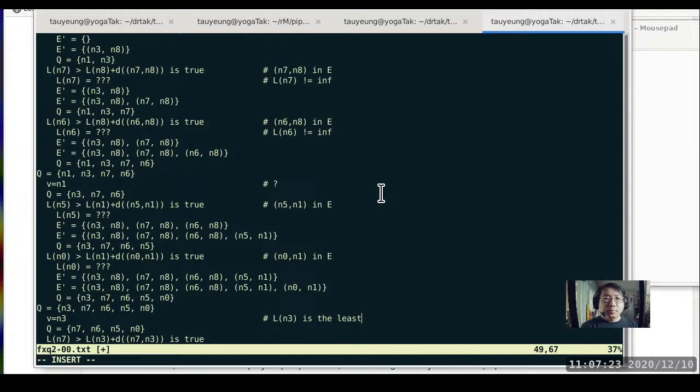But that also means, because everything is only one edge away, that the edge N3, I think, to N8 has the least distance of all the known edges at this point.